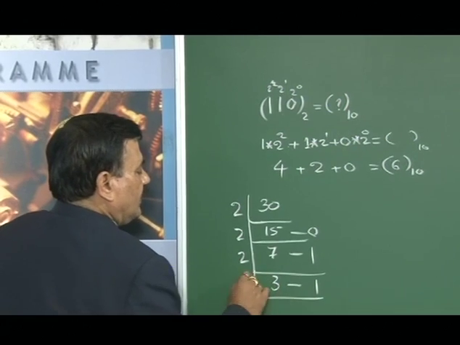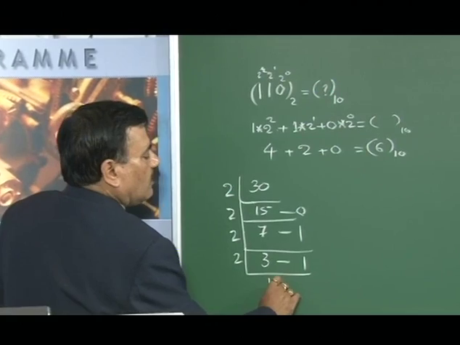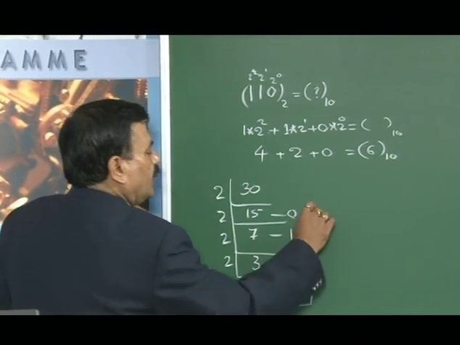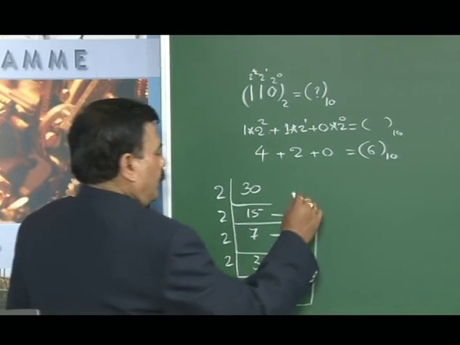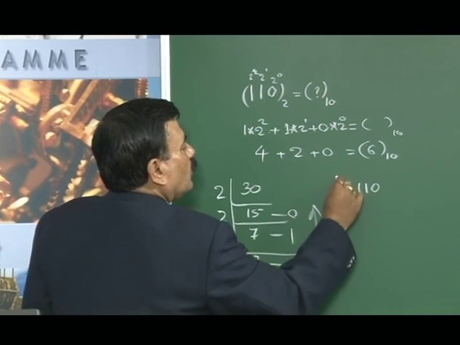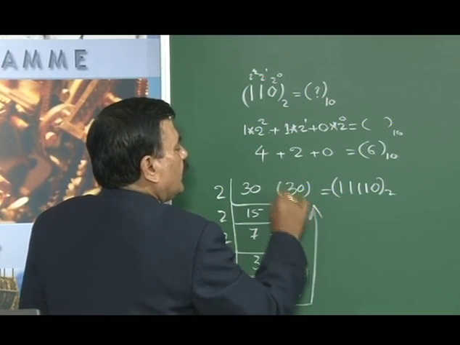Finally, when you divide 3 by 2, the quotient is 1 and the remainder is 1. Then we write the binary value as 1 1 1 1 0, base 2, for the given number 30 in decimal.